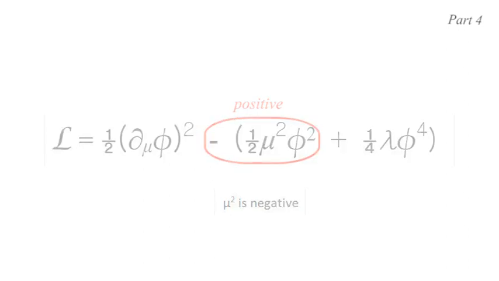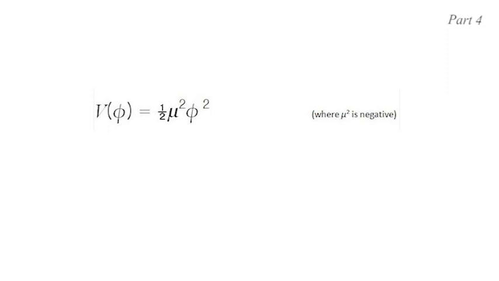In other words, the potential curve would be upside down. Now you'll know that for the square of something to be negative, then that thing must be imaginary. So if we're going to suggest that mu squared is negative, we're suggesting that the mass mu would be imaginary. What on earth could that mean?